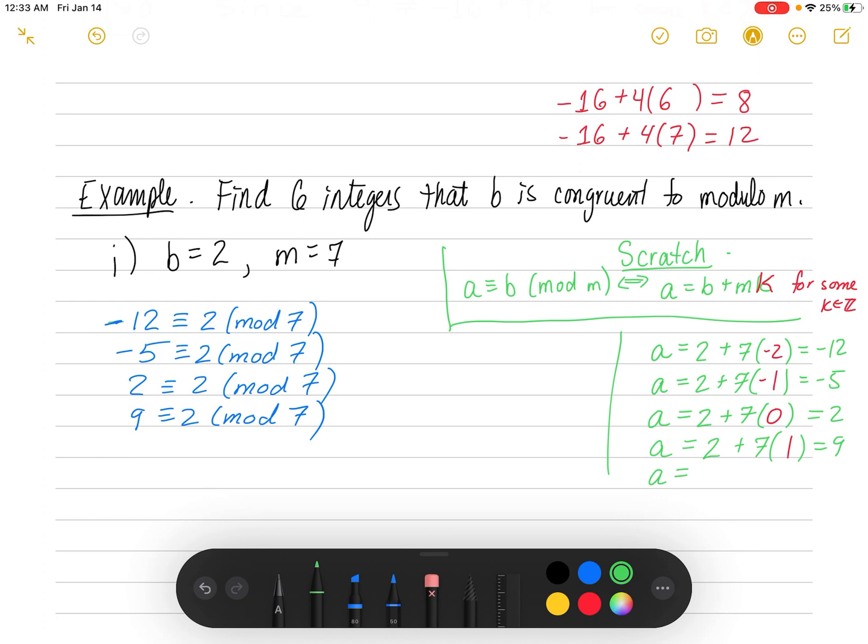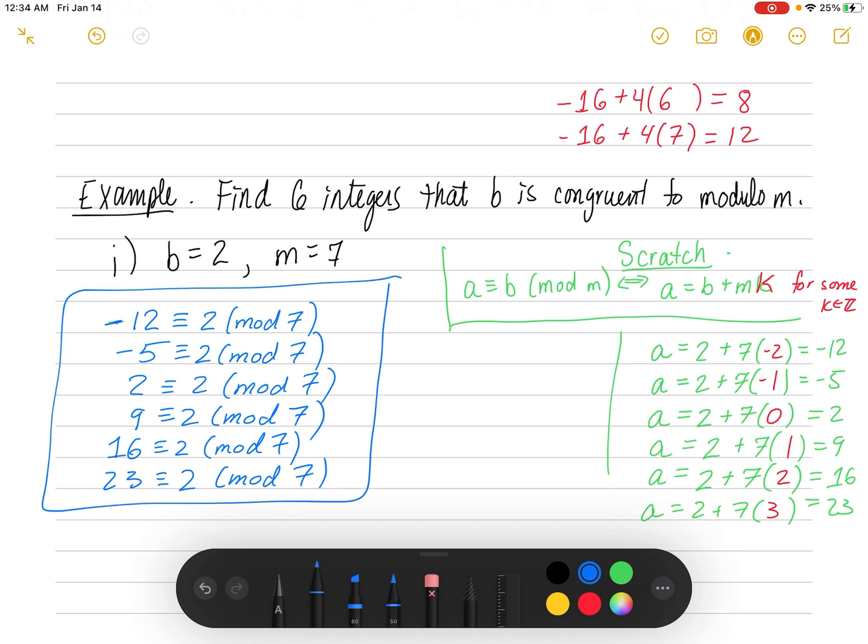A equals 2 plus 7 times, let's plug in 2 for our K value. So we got 2 plus 14, which is 16. So 16 is congruent to 2 mod 7. And we got one more to do. A equals 2 plus 7 times, for our K we're going to pick 3, and we get 2 plus 21, which is 23. So 23 is congruent to 2 mod 7.